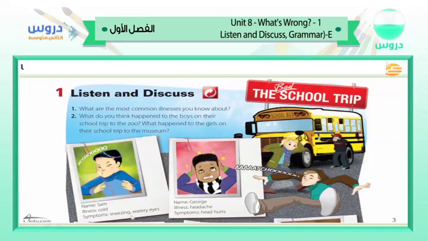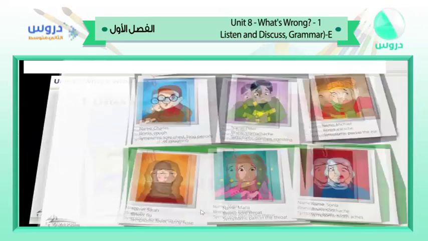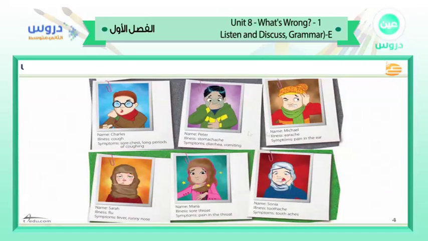So he has sneezing because he has a cold. The watery eyes are also because of the cold. The head hurts because of the headache, and so on. Also the same thing: the name, the illness, and the symptoms.